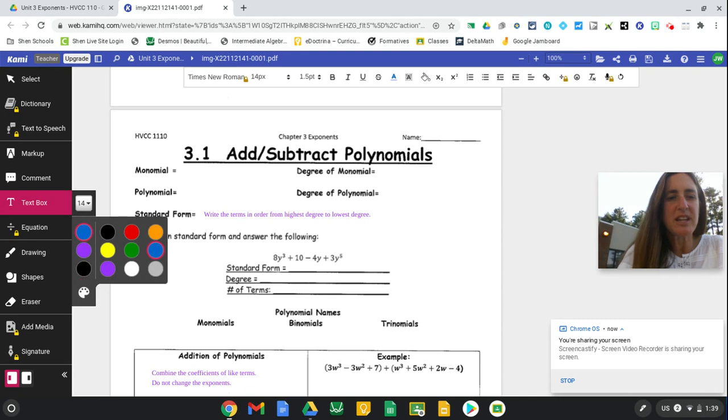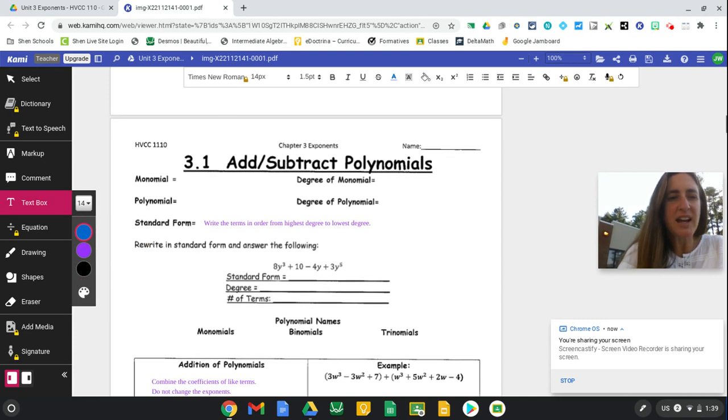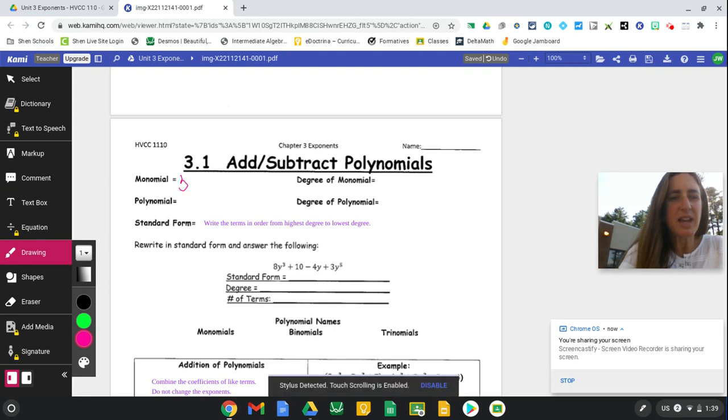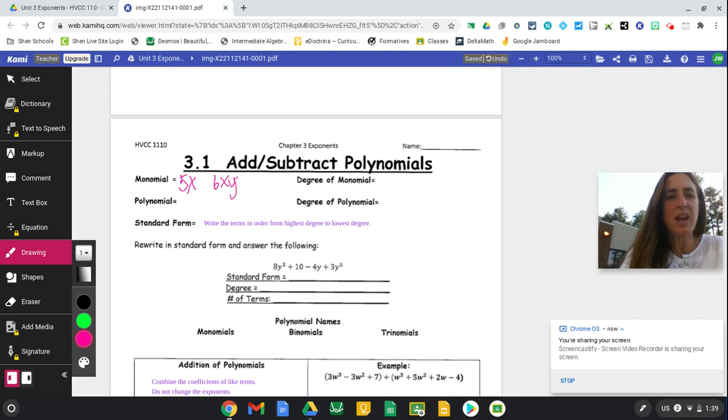So if we look at something like 5x, or maybe we had like 6xy squared, that would be an example of a monomial. Now, the degree of the monomial is the sum of the exponents.